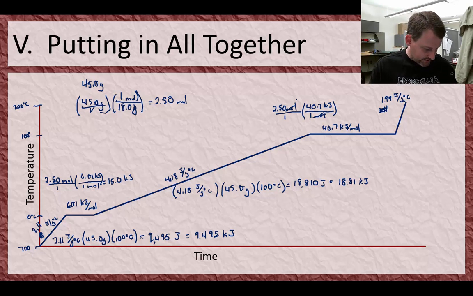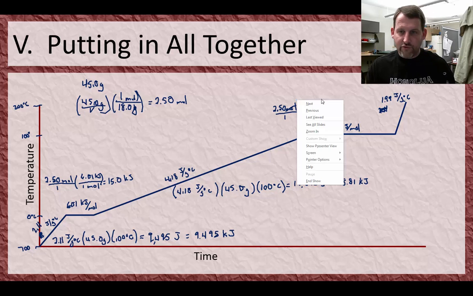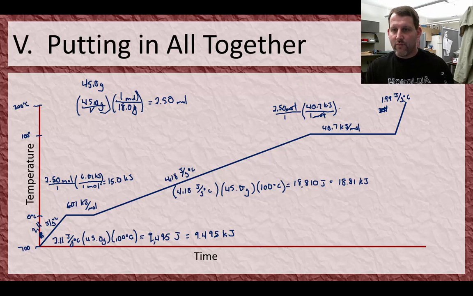And when we take 2.5 times 40.7, we end up with 101.7. So about 102 kilojoules. Wow, that took a lot of energy to do that. I mean, this was 18 kilojoules to heat from 0 all the way to 100, and then 100 kilojoules to boil it. So that's quite a bit.